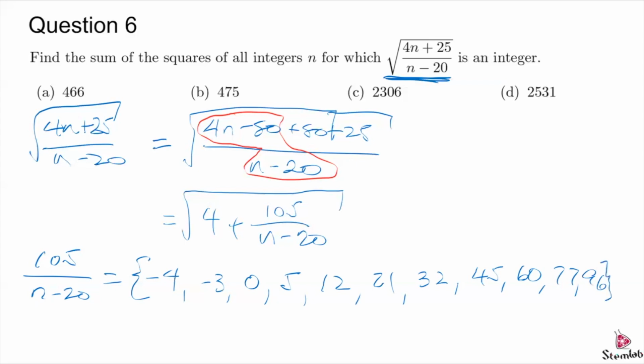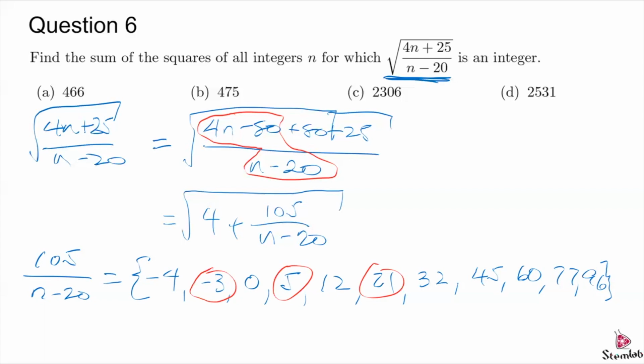As I said, n minus 20 has to be a factor of 105, which means 105 over n minus 20 also has to be a factor of 105. So the only integers here that satisfy that are -3, 5, and 21. Those are the only integers in this list which are factors of 105.